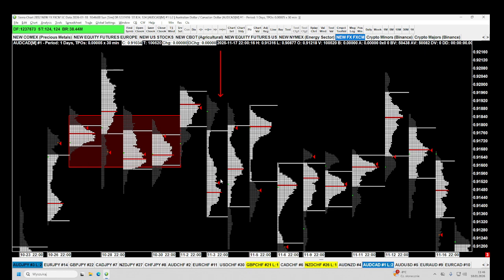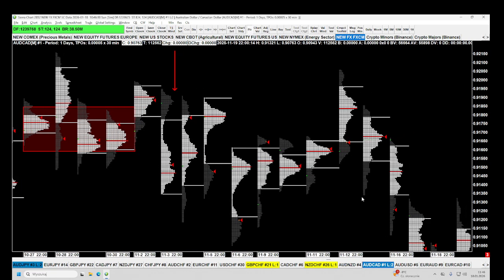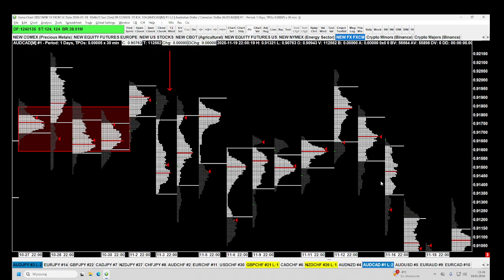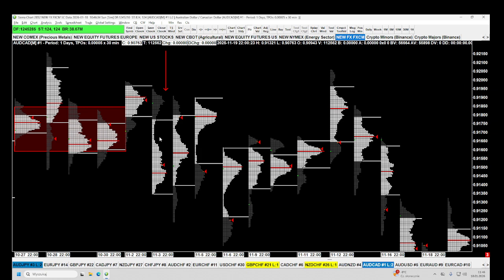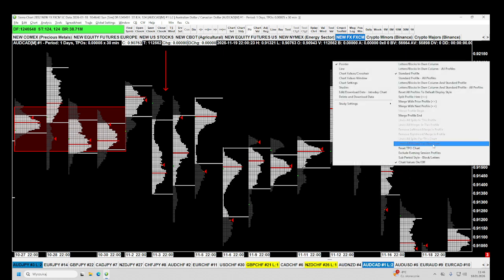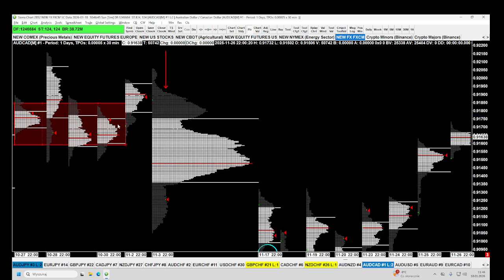You can immediately see that all of those days, this one, this, and this, are overlapping, right? Simply because the value area of those days is overlapping with prior days. And this day will be a break because it's not overlapping with this area. So I start merging those days until this one.